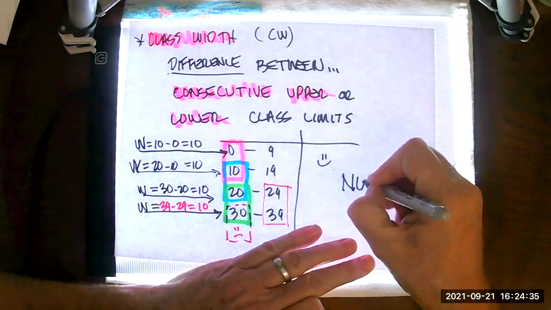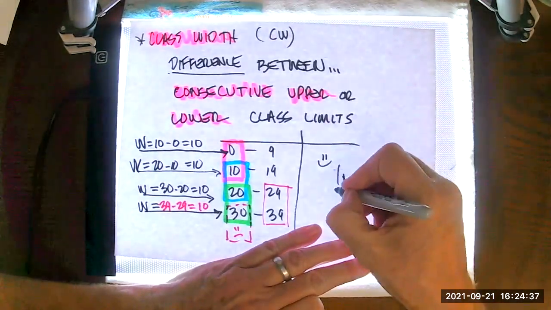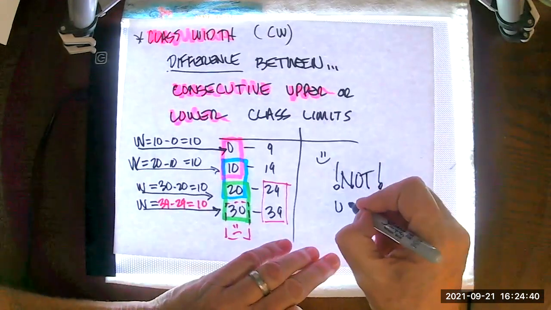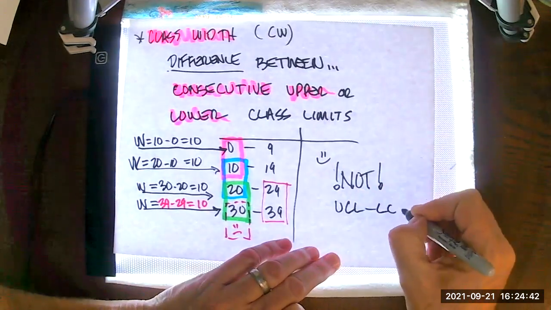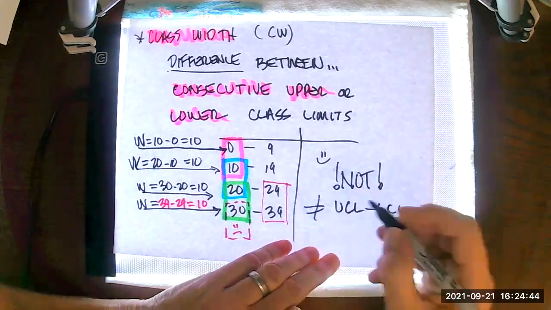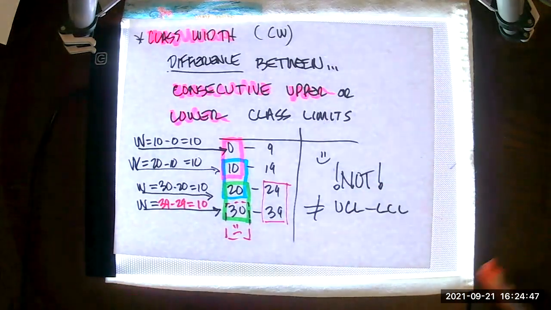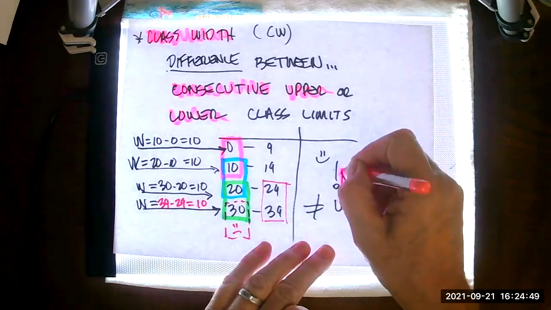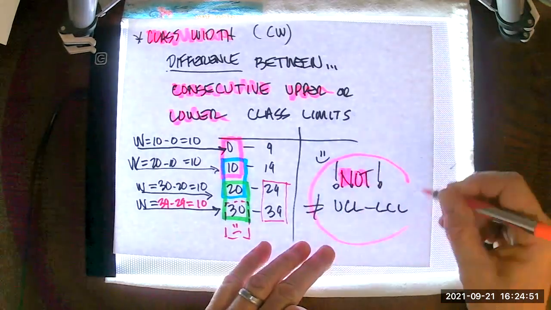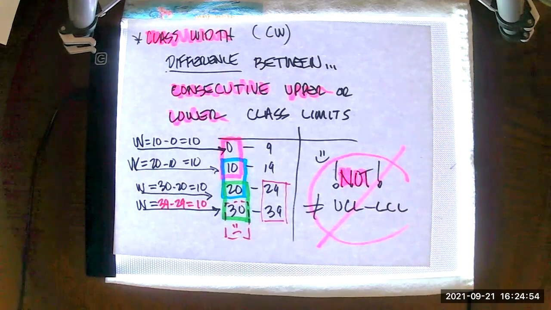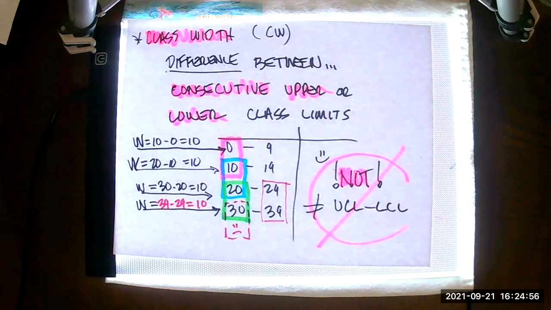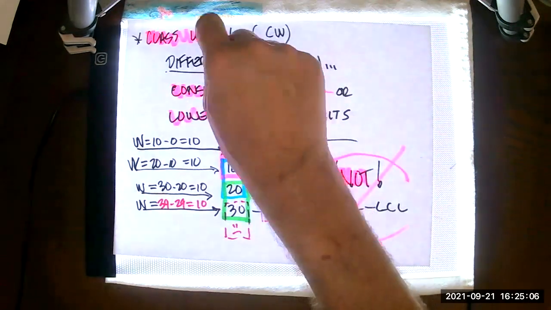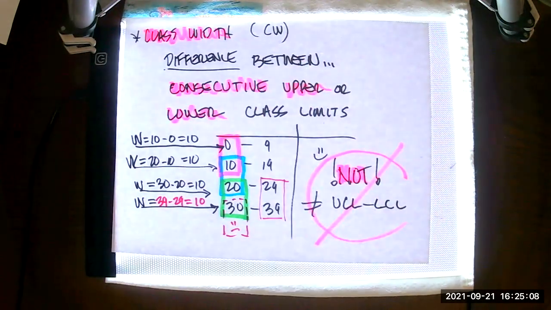But it is most definitely not UCL minus LCL. It is not equal to that, not in any way, shape, or form. So be very aware of that. People like to think it's that all the time. That's what we want it to be. It's nice, it's great, it's simple, but no, it's not correct. So you want to keep that in mind when you come into contact with the notion of class width.